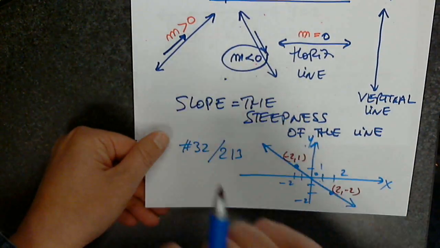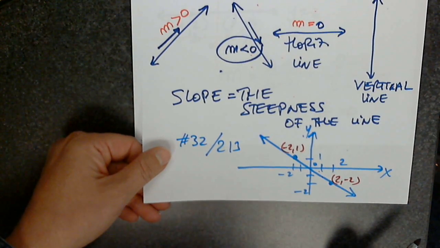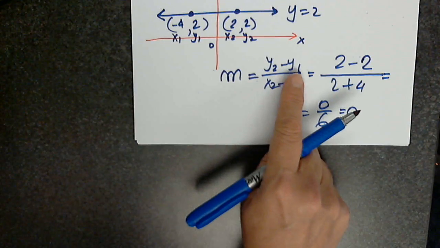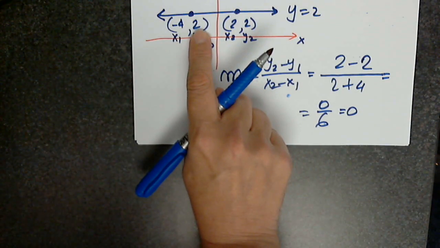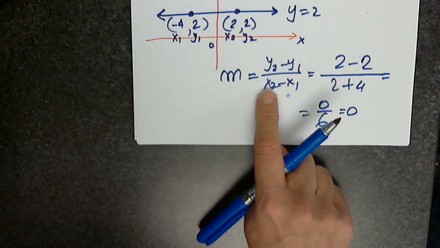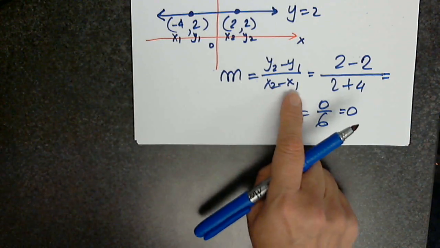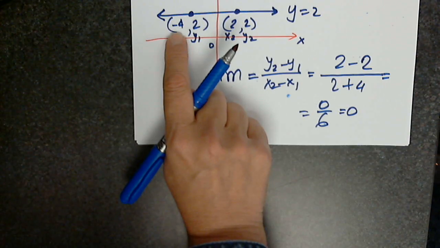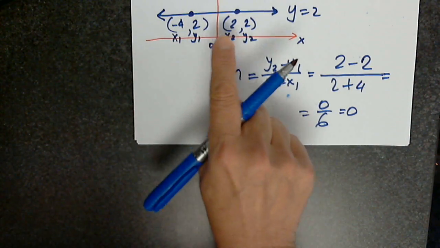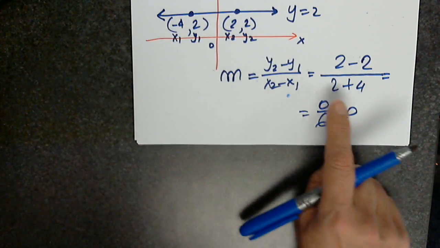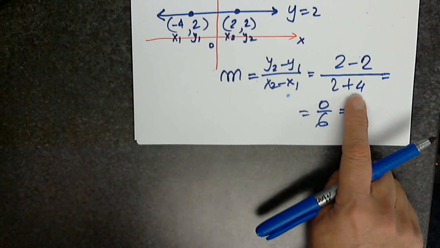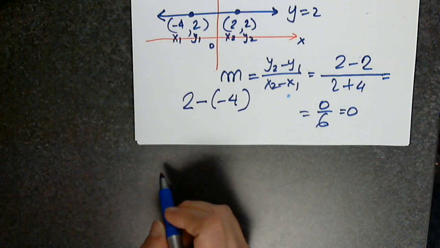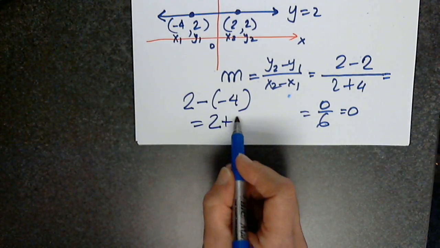Yes, please. Why do you minus on the top and add on the bottom? The formula says y2 minus y1, 2 minus 2. Then the formula at the bottom says x2 minus x1, which means 2 minus -4. 2 minus -4 is 2 plus 4.